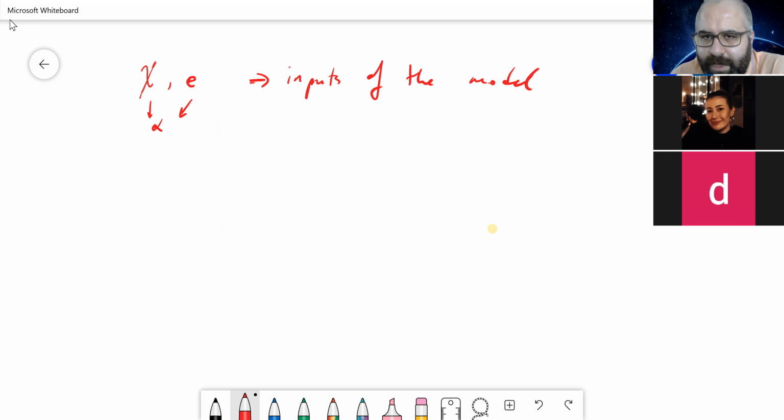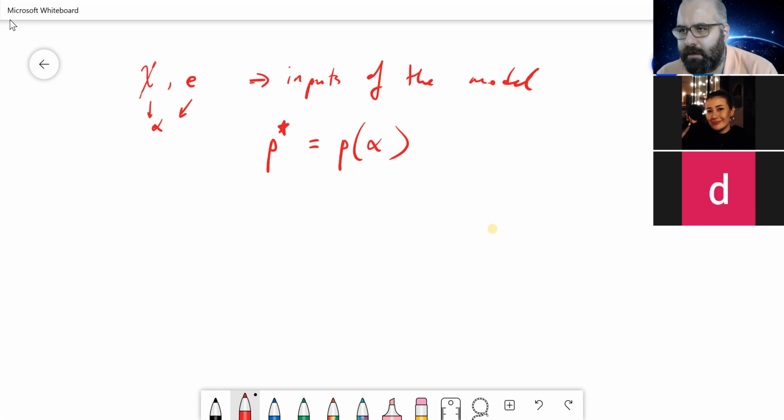So basically, when I talk about p star, I'm talking about p of alpha, right? Because remember, in any economic model, solving that model means expressing the endogenous variables as functions of exogenous variables and structural parameters. So here we have some exogenous variables, endowments, but they do not change. So I put everything together and the structural parameters of the demand function as well.